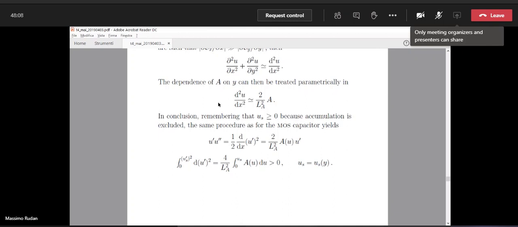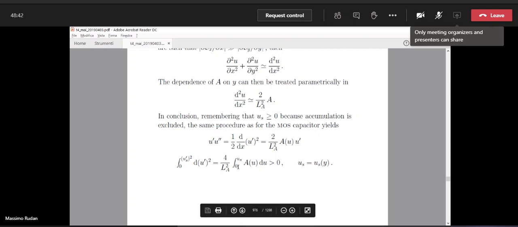From now on, we repeat exactly the solution strategy that we implemented for the MOS capacitors. We multiply both sides of the equation by the derivative u prime. U prime u second is like 1/2 derivative of u prime squared. We integrate over x.